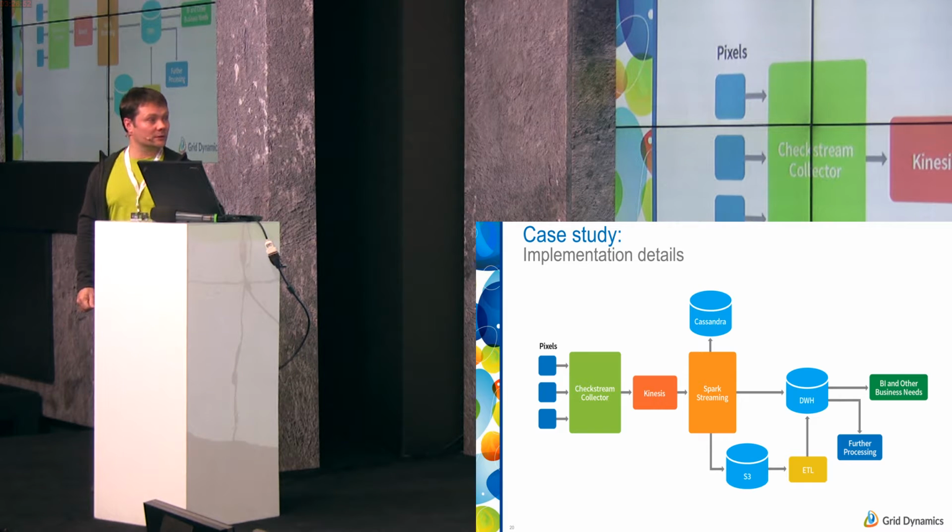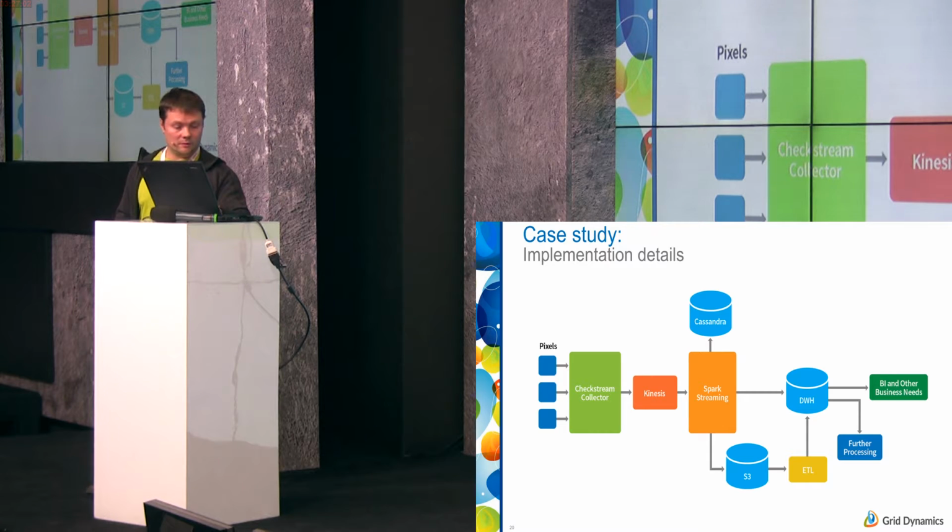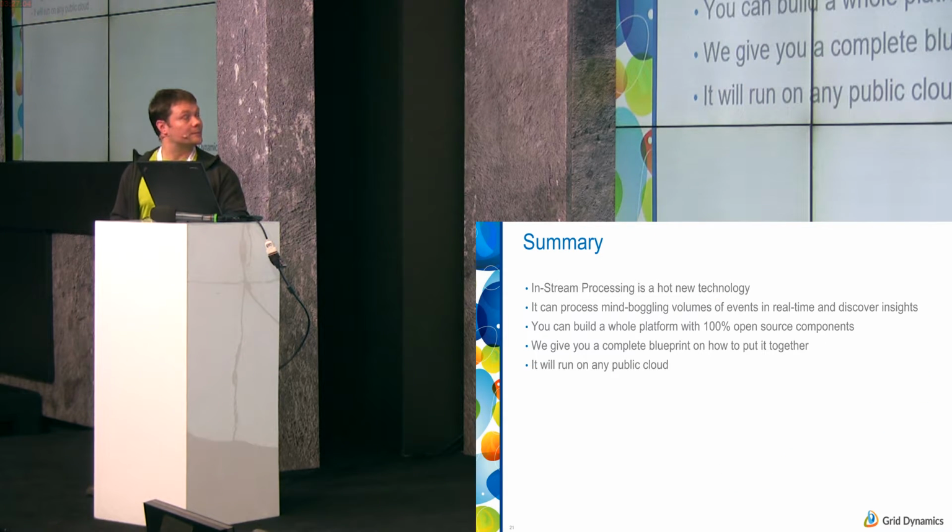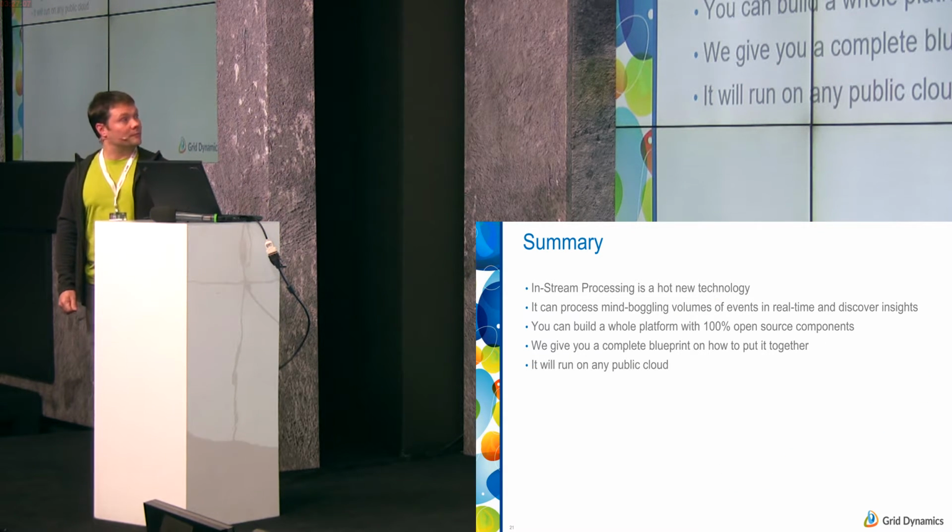Spark Streaming processed events, Cassandra did intermediary calculations, and all the results went into S3. And then, by way of conclusion, I'd like to remind you that Spark Streaming is a hot new technology, and it started very recently.